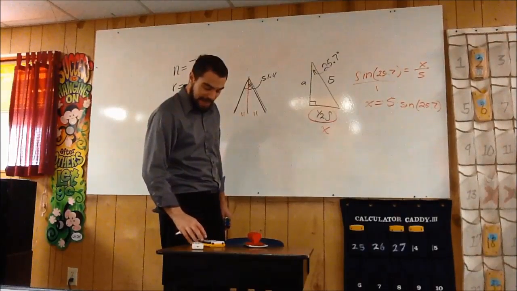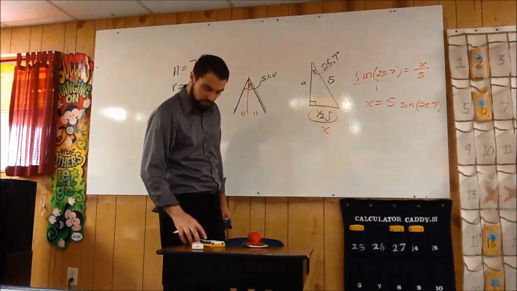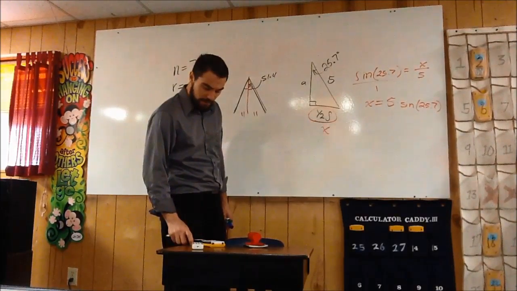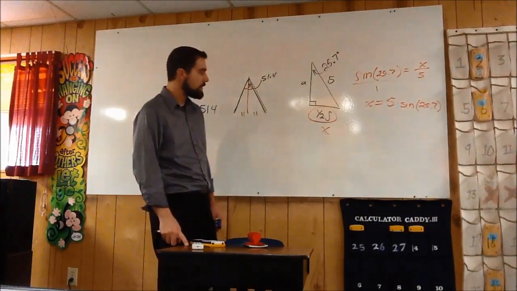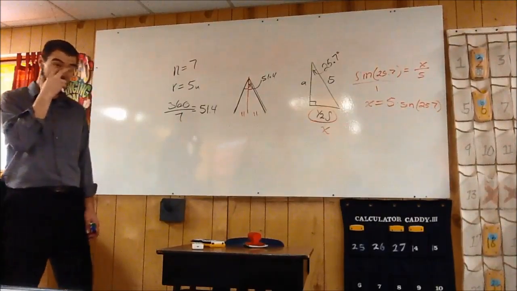What is half of the side length? What? 1.5. No. What degree is your calculator in? Or what mode is your calculator in? It needs to be in degrees.